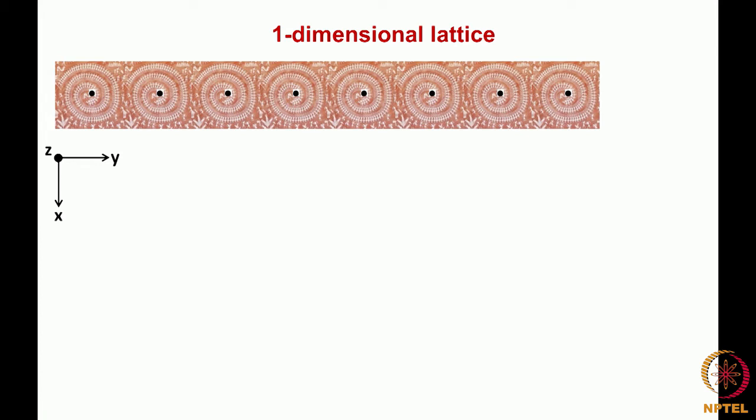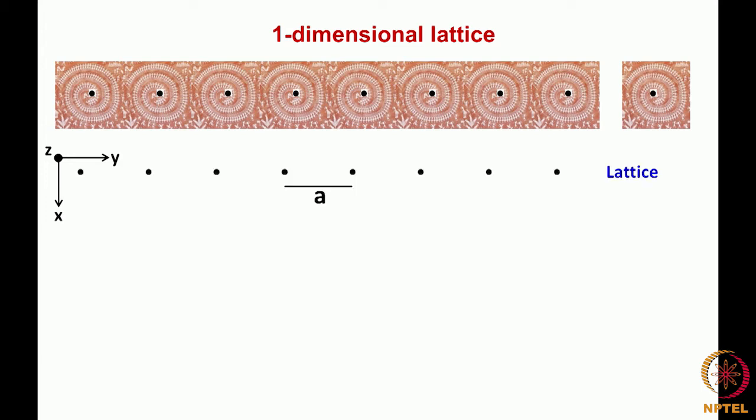Now we can look at the periodicity of the lattice, because that is much easier since we have removed the pattern. Once the pattern has been removed, we can very well see only what is getting repeated. And when we look at the periodicity in the pattern, in 2 dimensions or 3 dimensions, we have to use a coordinate system to represent the axes.